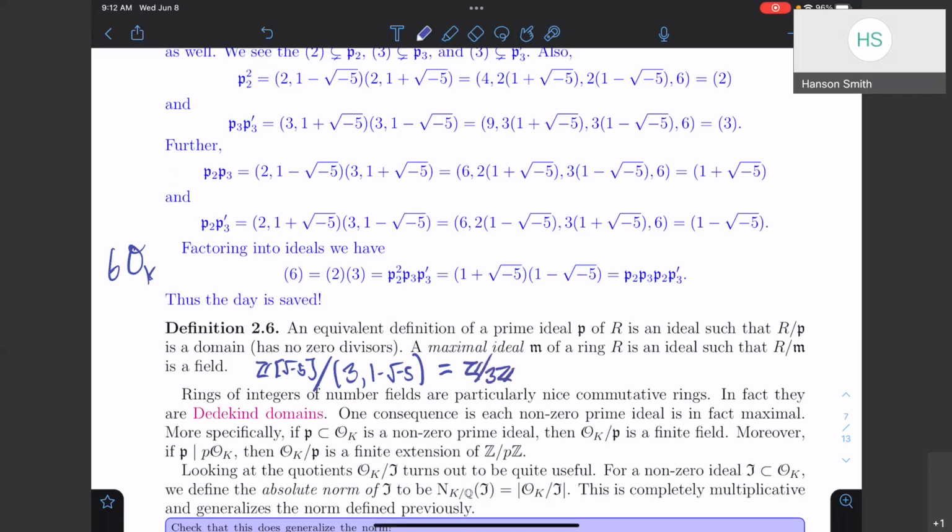And then I have that 1 minus the square root of minus 5 is equal to 0, so the square root of minus 5 is equal to 1. And so that square root of minus 5 just disappears. Or it doesn't just disappear, it behaves just like 1. So it doesn't add anything new here.